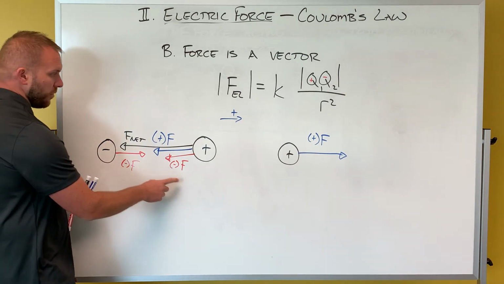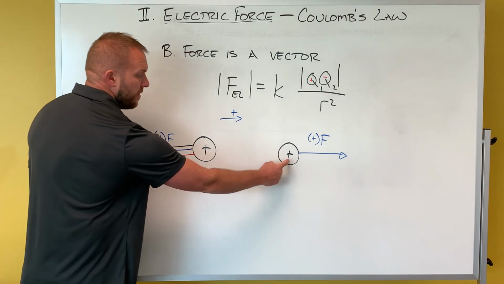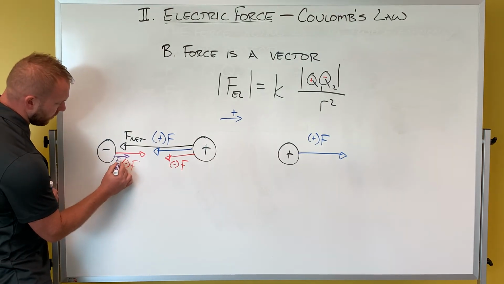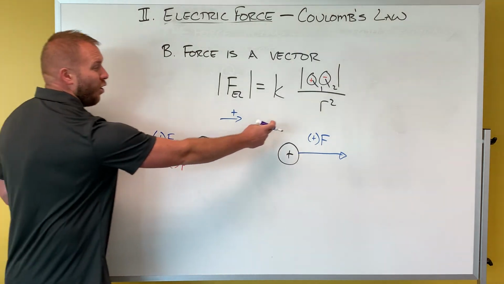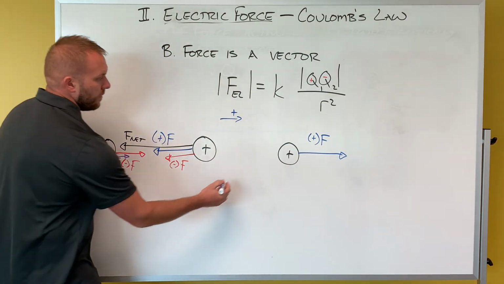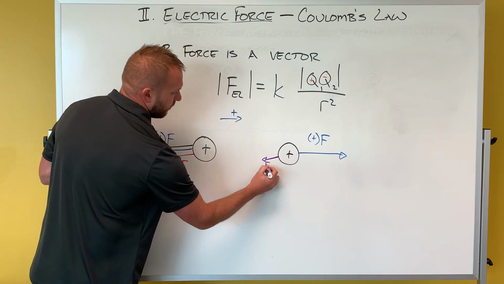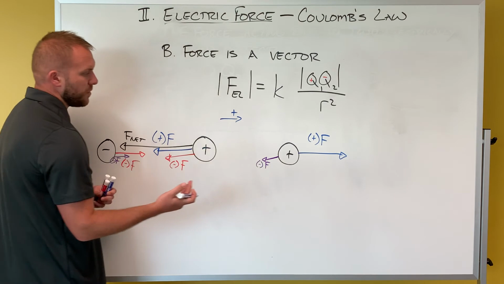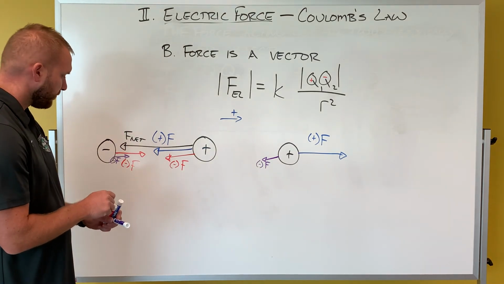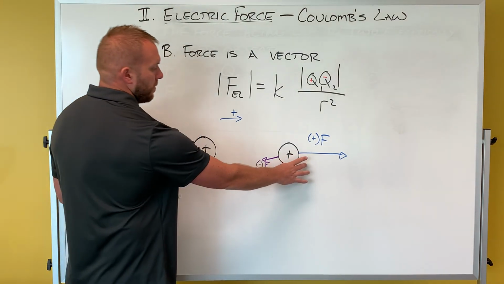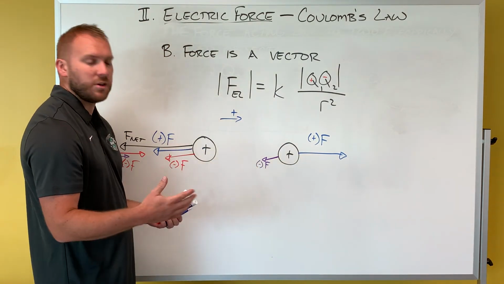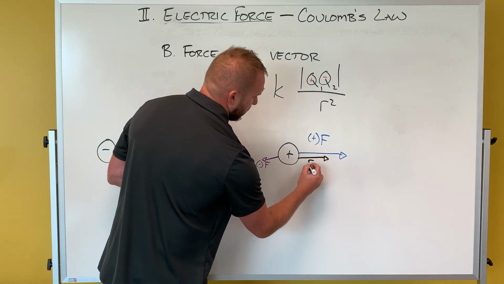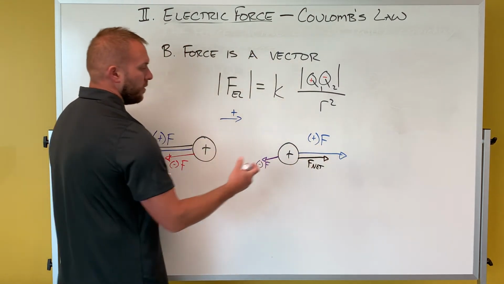Whereas if we were to look at the force between our negative charge and this positive charge, it's going to be a little bit smaller of a force because it's so much further away. That's that r squared. This is also a negative force. Positive times a negative gives me a negative. But here we see that these two forces are actually canceling each other out, and my net force would be pointing to the right there.